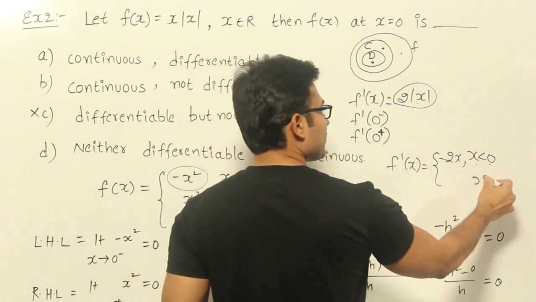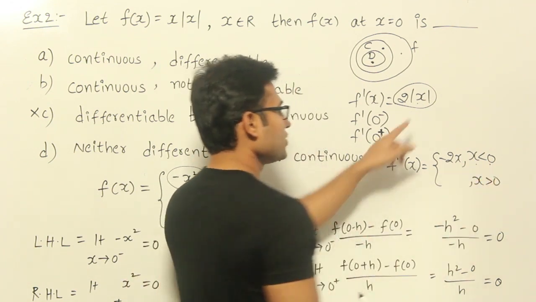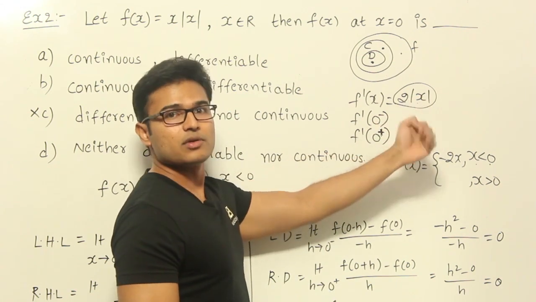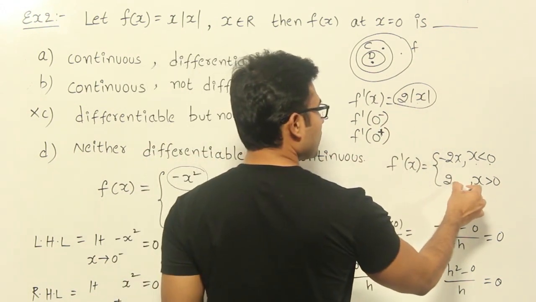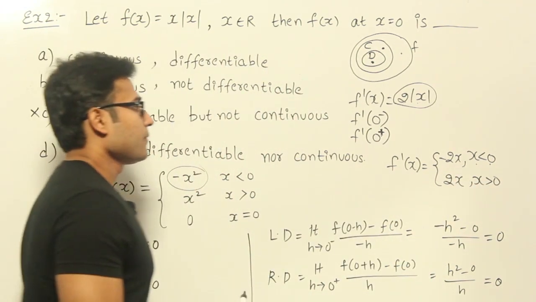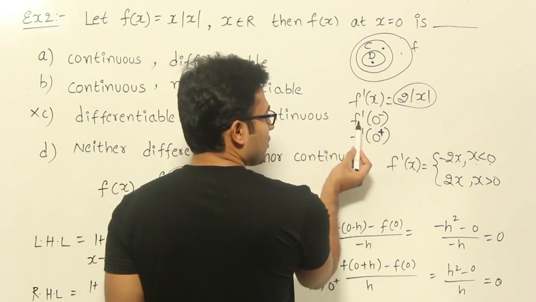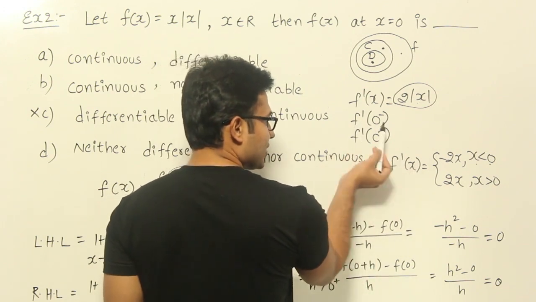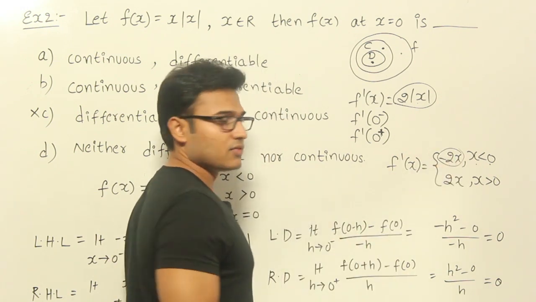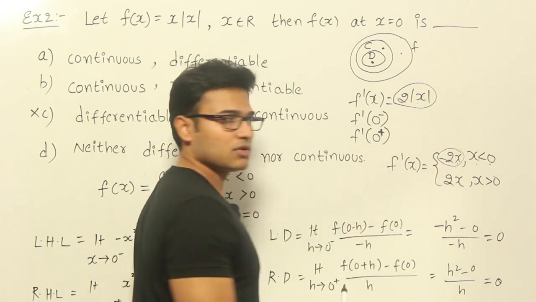Now what happens when x is positive? When x is positive, if you remove this mod sign, the output is also going to be positive. Therefore let it be 2x only. Got it? Okay. Now if you have to find out the value of f dash of x at 0 minus, you are going to use this function. In this function you are going to substitute x equal to 0, right?